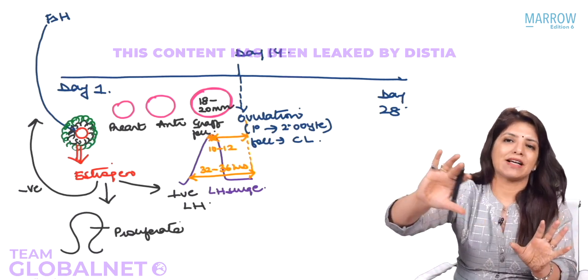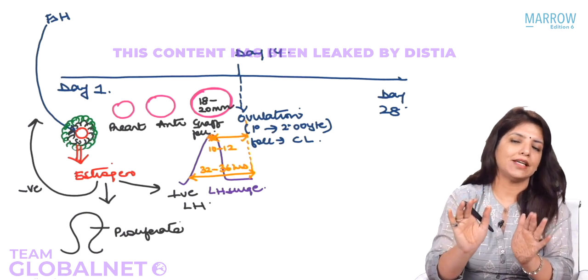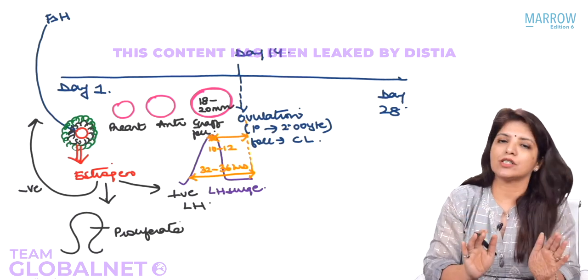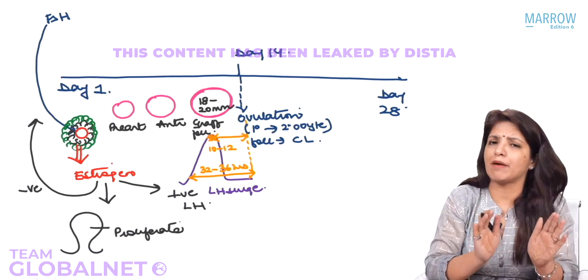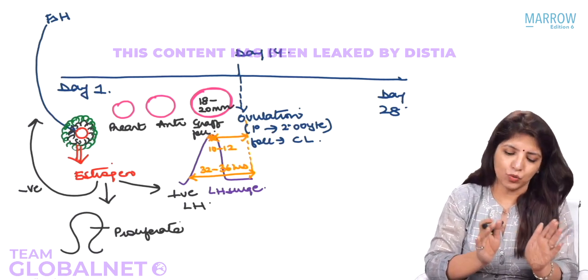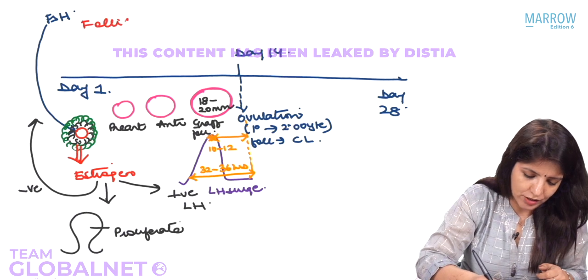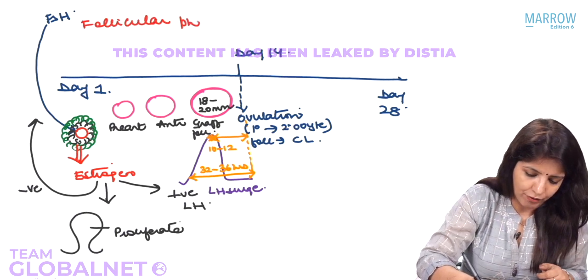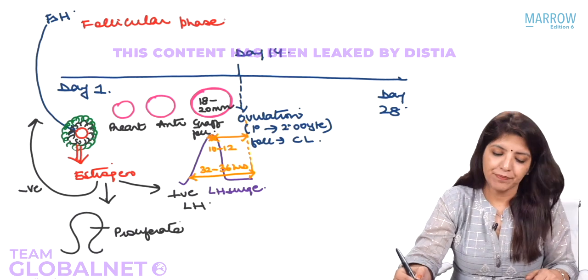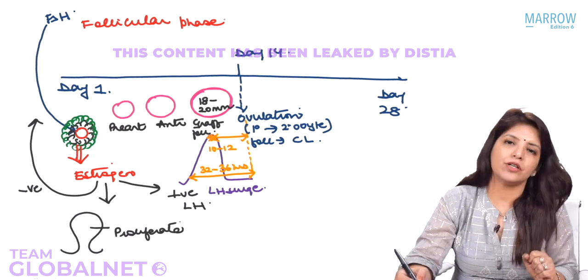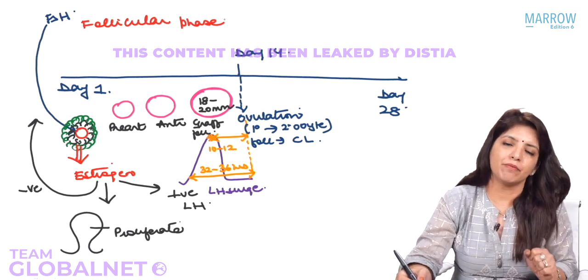And it reached maximum size, that is 18 to 20 millimeters. So, in the first half of the menstrual cycle, whatever is happening is happening to the follicle. That is why the first half of the menstrual cycle is called the follicular phase, right? Another thing, in the first half of the menstrual cycle, which is the main hormone?